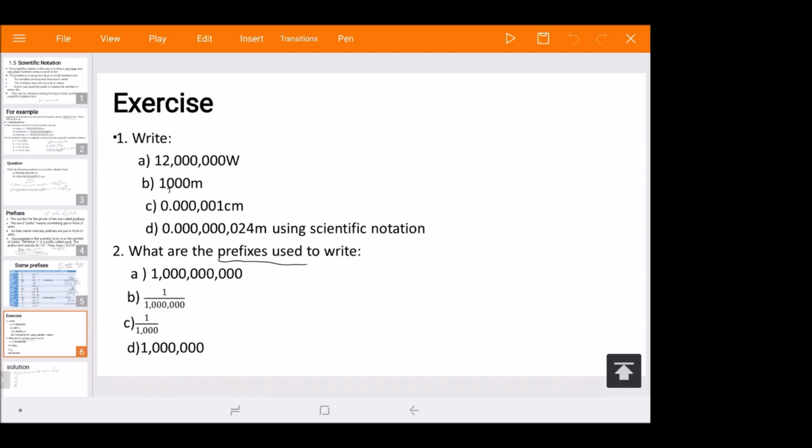Depending on what we have seen in our previous lesson, question number 1 is to write the given number by using scientific notation, and question number 2 is, what are the prefixes used to write the given number?